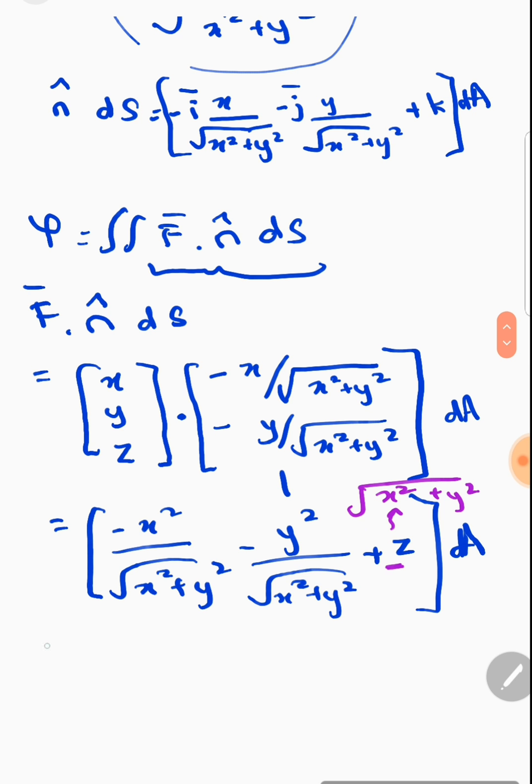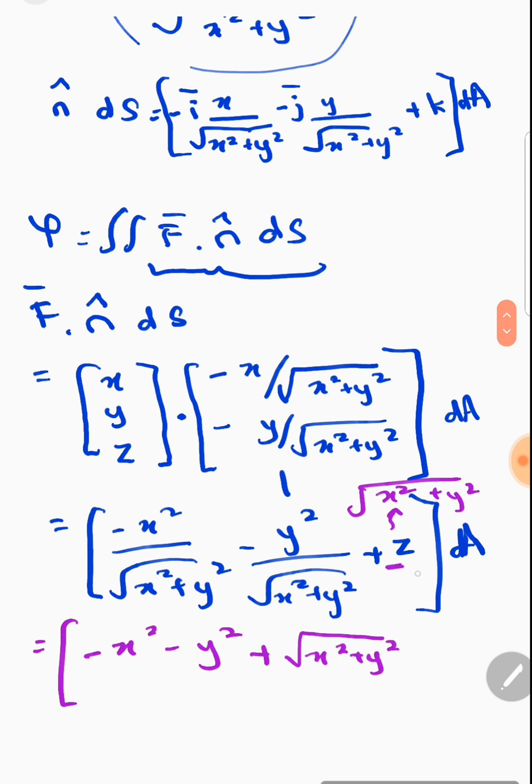right? Now it becomes what? Then I can put a common denominator for it. So I'll just multiply the square root of x squared plus y squared over the square root of x squared plus y squared. This gives me negative x squared minus y squared plus x squared plus y squared, right?